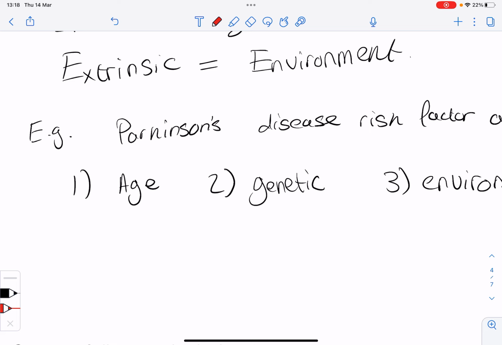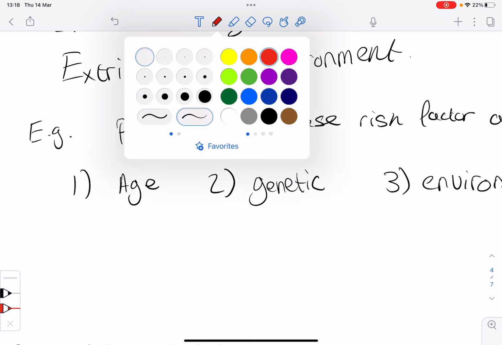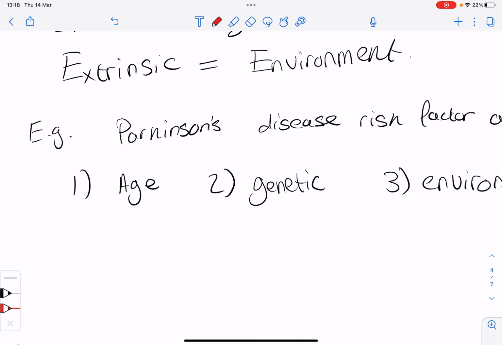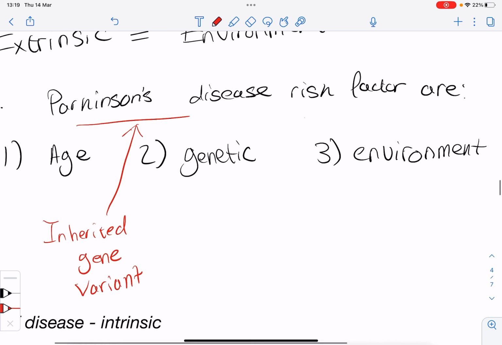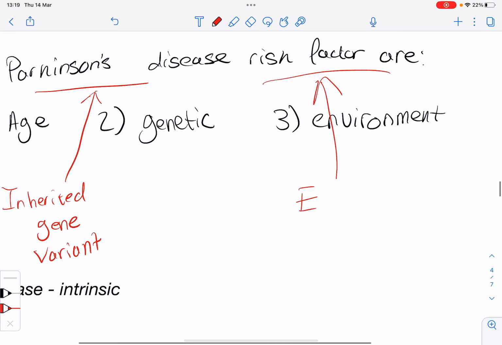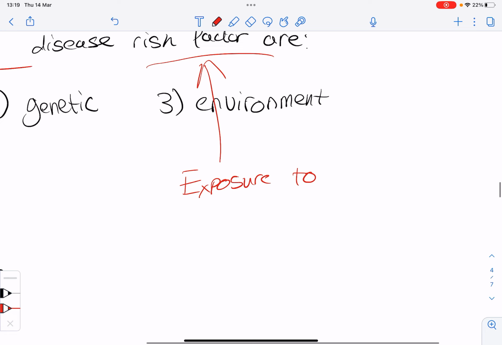So Parkinson's, let's put it in red. Inherited gene variant. And your risk factors can be considered exposure to pesticides, for example, herbicides, solvents, and other environmental toxins.